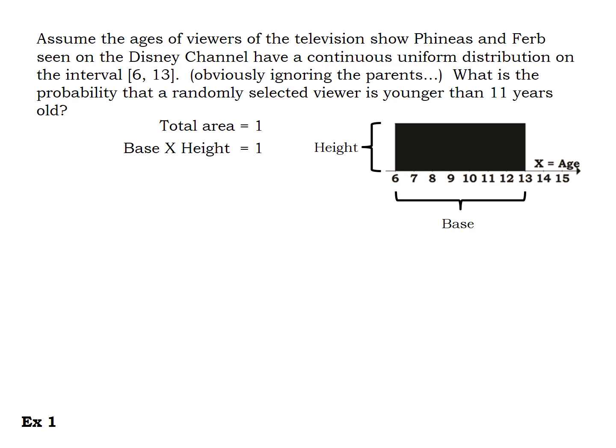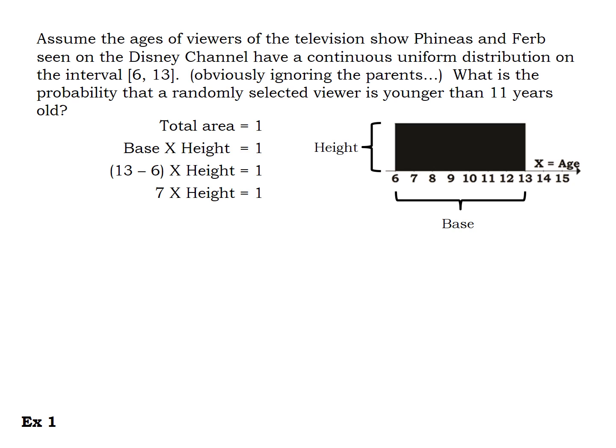The total area of that graph has to be 1, which means the base of this graph times the height has to be 1. Now, we want our distribution to go from 6 to 13, which means my base is a width of 13 minus 6, or 7.